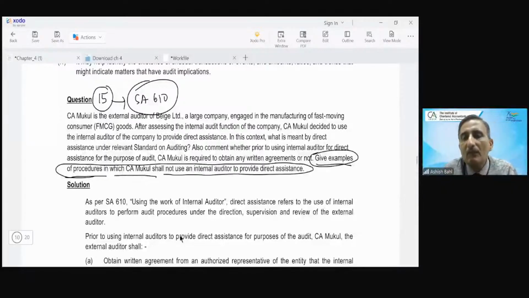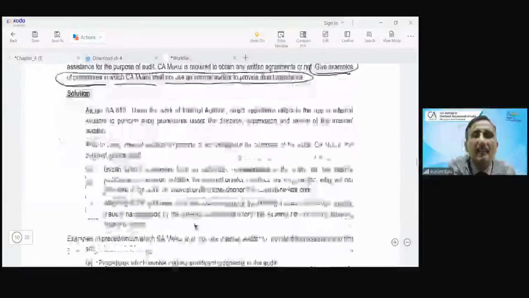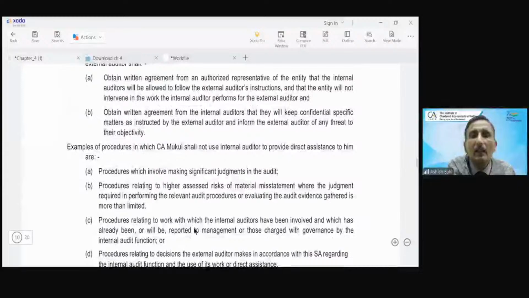Now, SA 610 states that direct assistance cannot be used where there is a high risk of material misstatement, or when the matter involves evaluation of audit evidence, or when there are significant judgments involved in the audit.